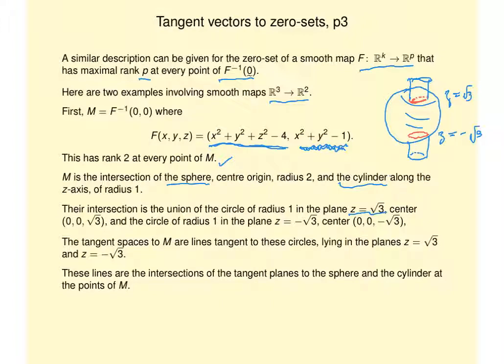And I urge you to check that these lines are actually the intersections of the tangent plane to the sphere and the tangent plane to the cylinder at the points of M. Okay, so that's a good exercise.